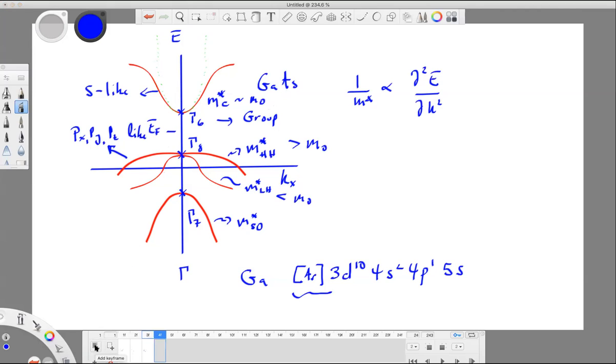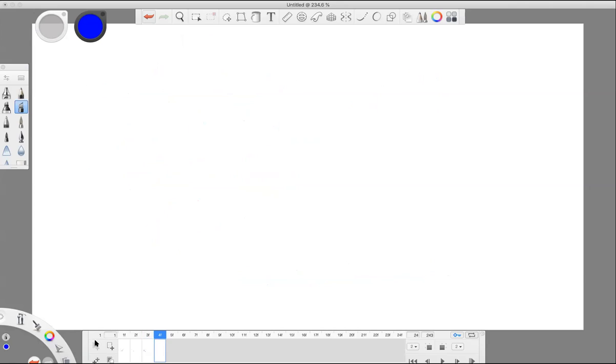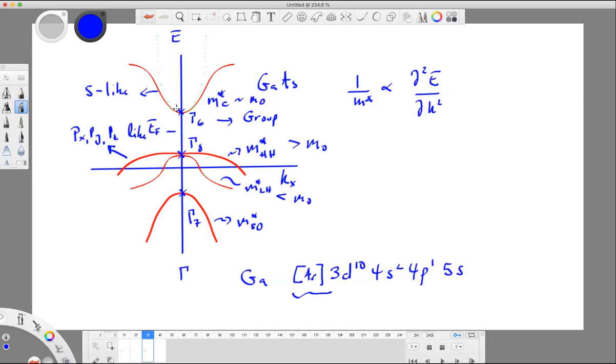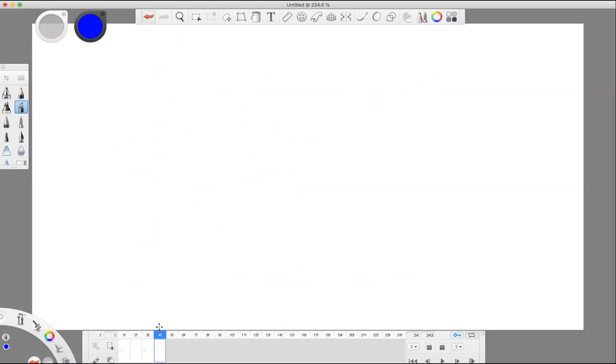So how do we address the basic structure of the dispersion relation in the vicinity of the Fermi level? Let's begin with that. What do we know is the equation that's governing this?